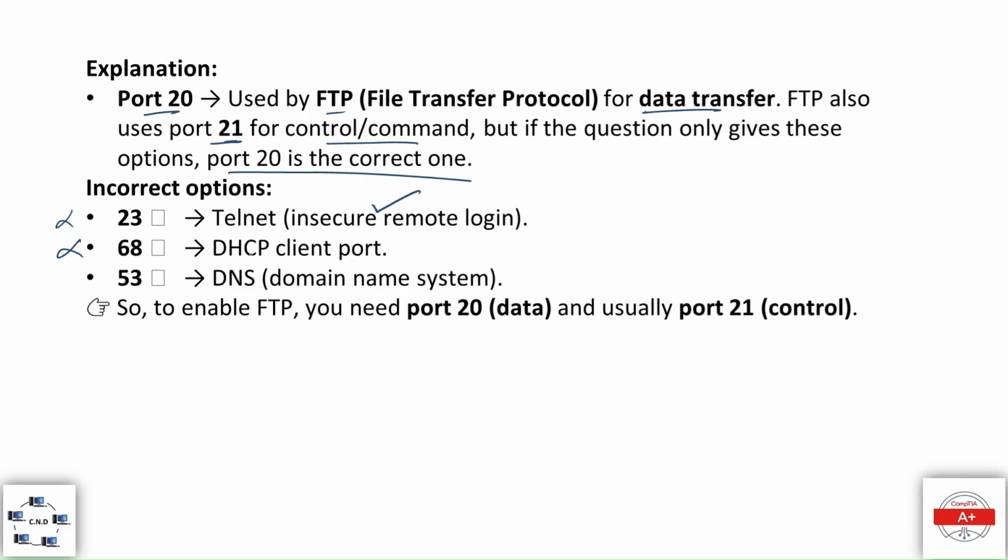Port 68 is used by the DHCP client, and port 53 is used for DNS, that is domain name system. So to enable FTP, you need port 20 for data and usually port 21 for control.